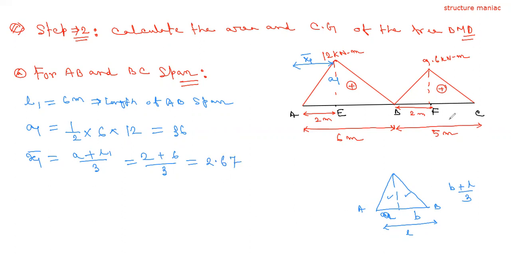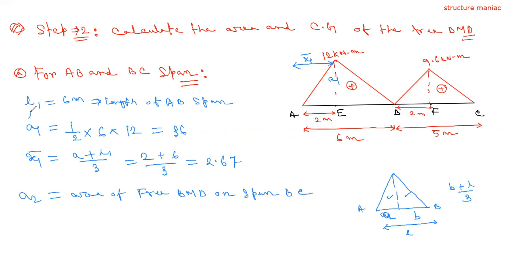Now, what do we need to calculate? The area of free BMD on span BC. So A2, what is A2? That is the area of free BMD on span BC.